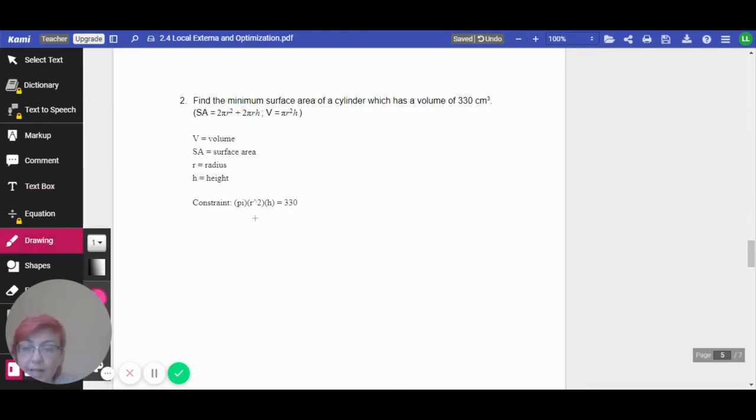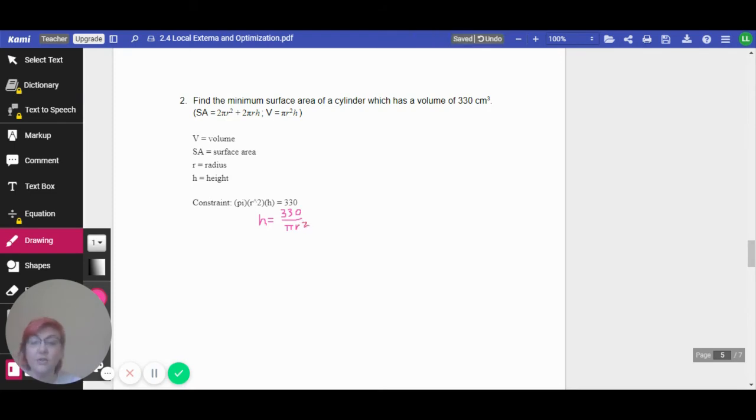So I'm going to rewrite this as h equals 330 divided by pi r squared.